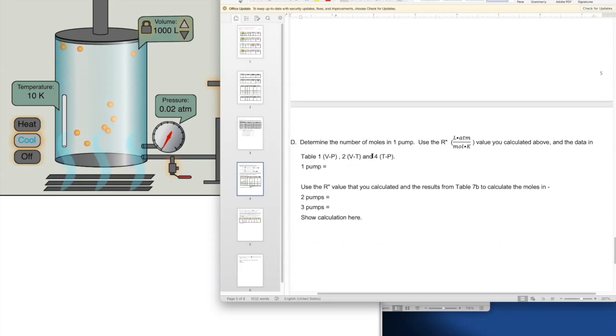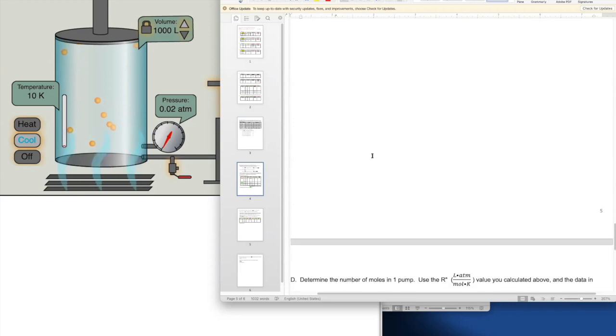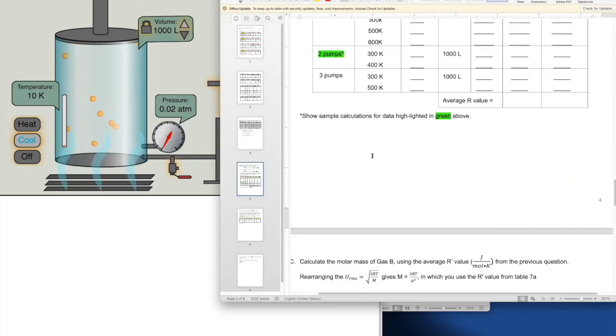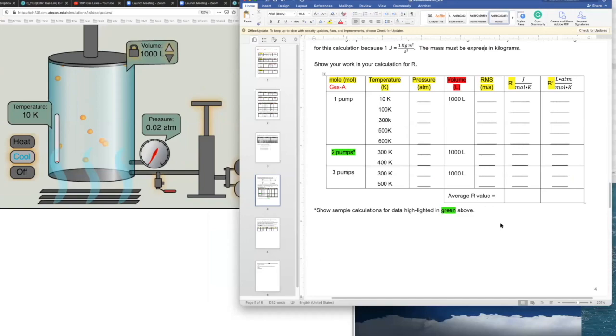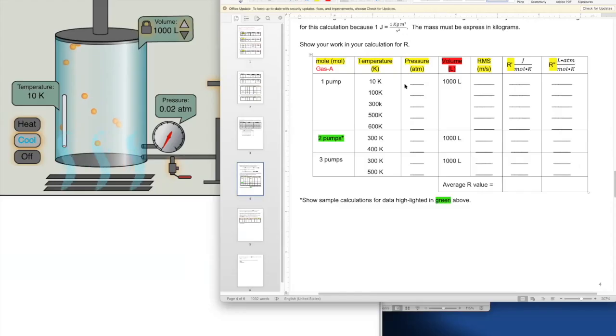You know what R is based on your experiment. You go back to here and pick one of these where you have the temperature, the pressure, and the volume. And now you have R, so you can calculate moles. Remember, PV equals nRT, so n equals PV over RT.